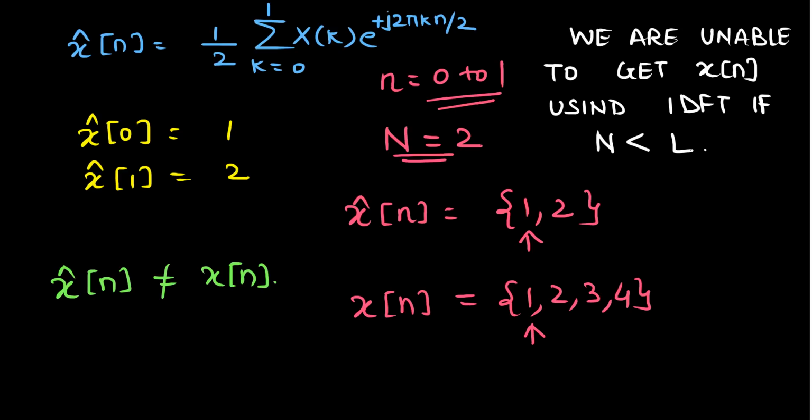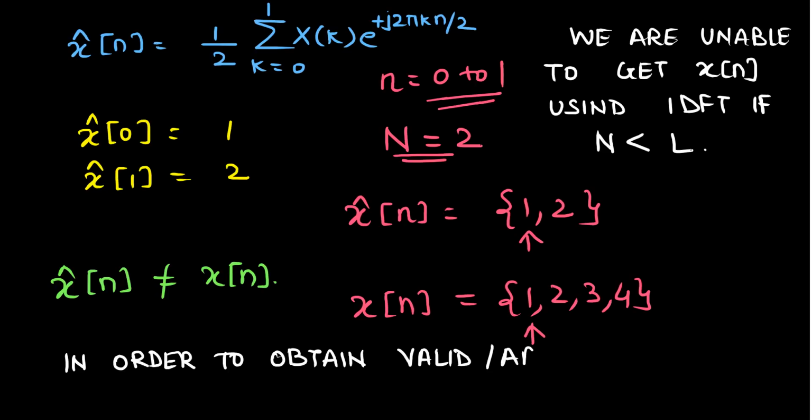So the important observation is, in order to obtain a valid or appropriate DFT, the value of N should be at least equal to the length of the signal, or greater than or equal to the length of the signal.